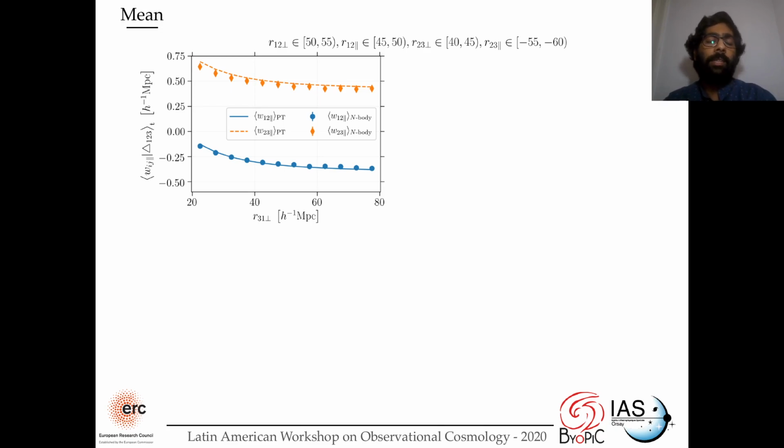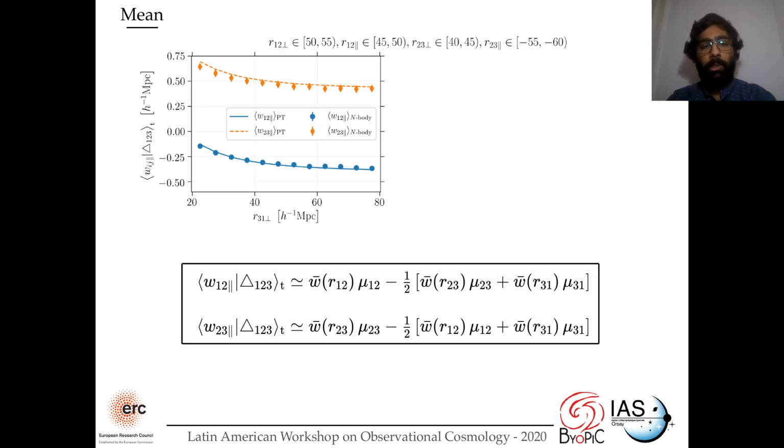On the y-axis is the mean relative velocity between pairs in a triplet, where the orange color denotes the 2-3 pair, and the blue denotes the 1-2 pair. The symbols denote the direct measure from the N-body simulation for the matter species, and the line denotes the prediction from leading order in perturbation theory.